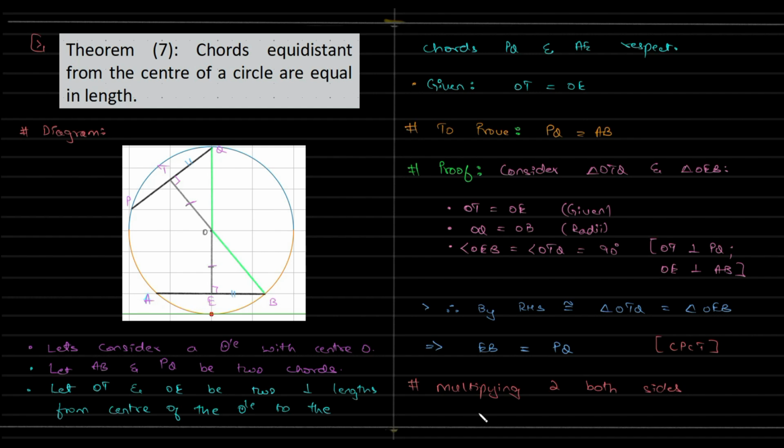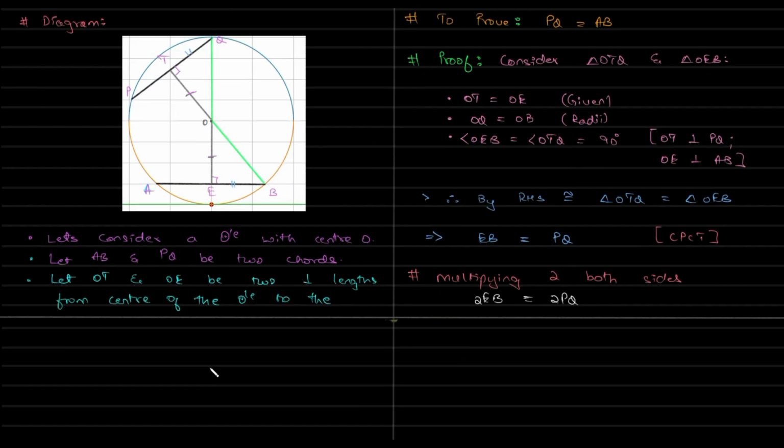We'll end up with 2EB is equal to 2TQ. How will this help? Well, 2 times EB is AB and 2 times TQ is PQ.